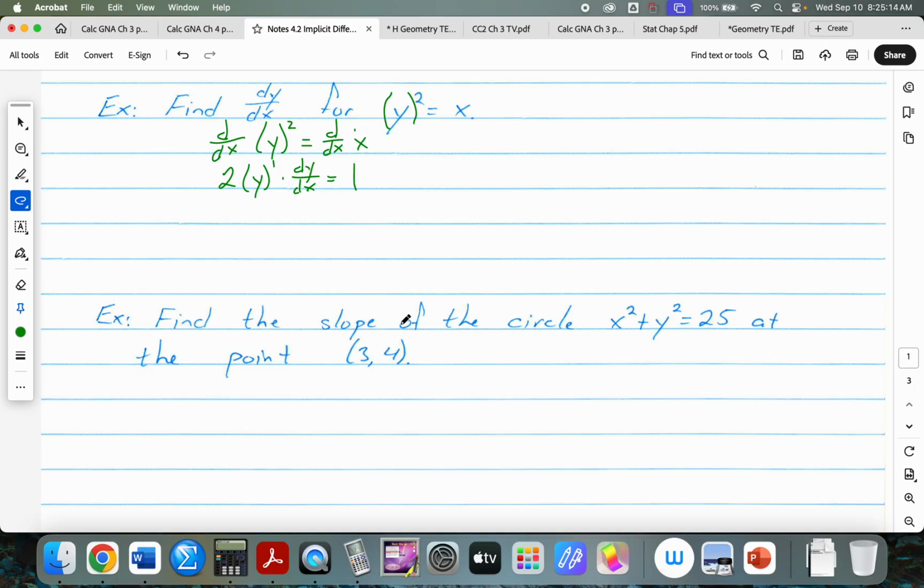Now all we'll do is divide both sides by 2y to get dy/dx by itself. dy/dx is equal to 1 over 2y.